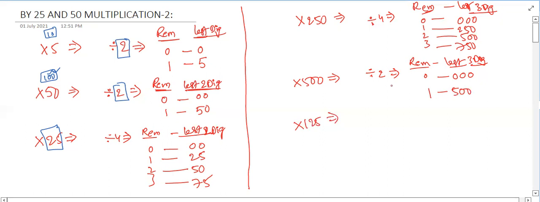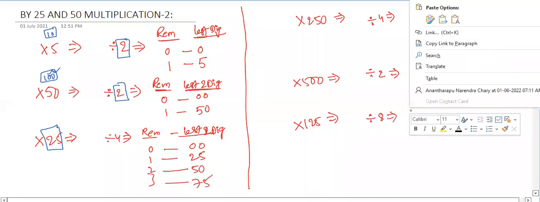So instead of direct multiplication by 125, we can divide the number by 8.